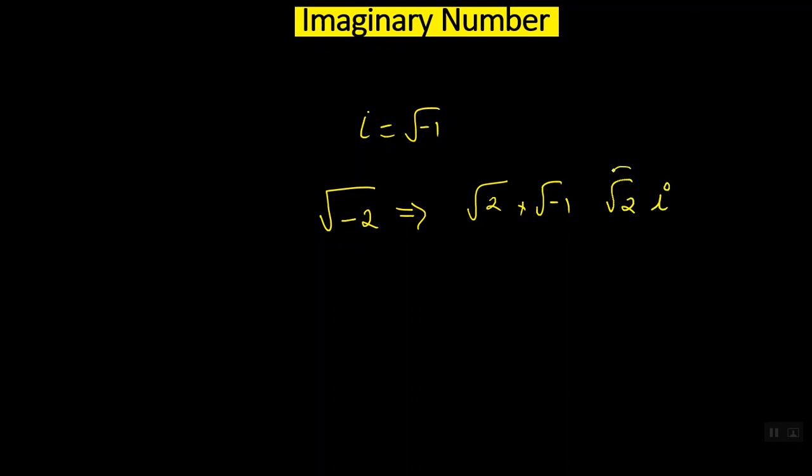So the number square root of 2 got multiplied by the imaginary term i. That's why the square root of negative 2 is said to be an imaginary number, and so are the square root of negative 10, the square root of negative 3, etc. These all are imaginary numbers.